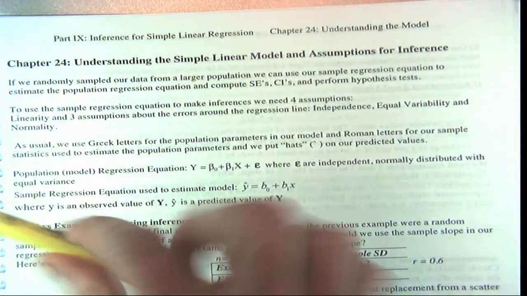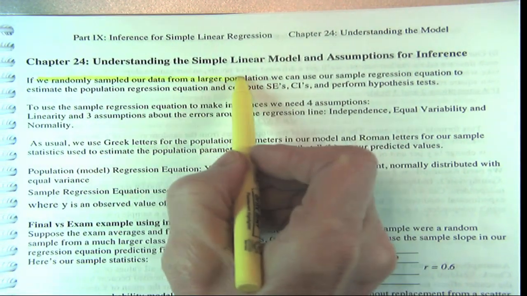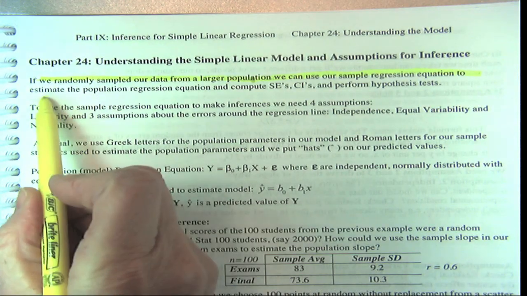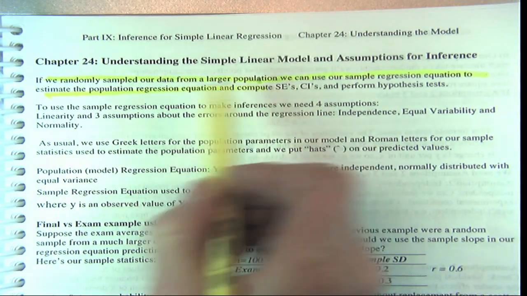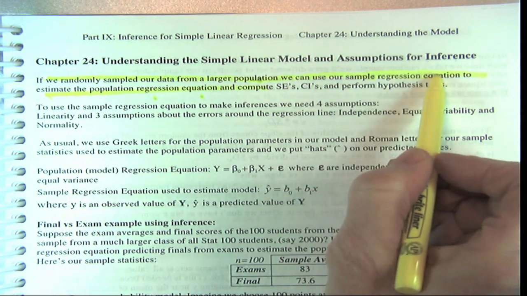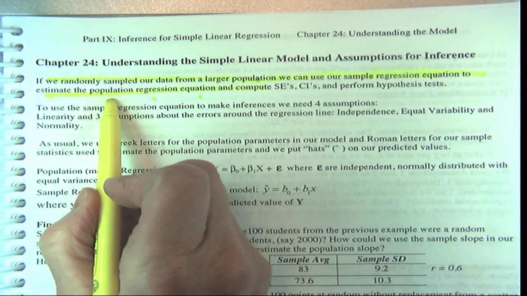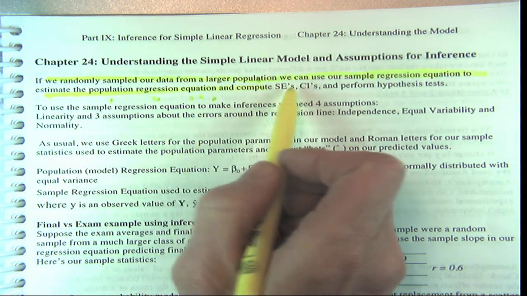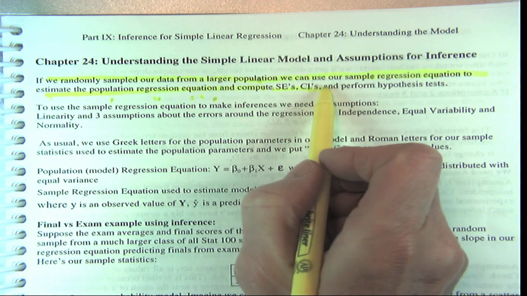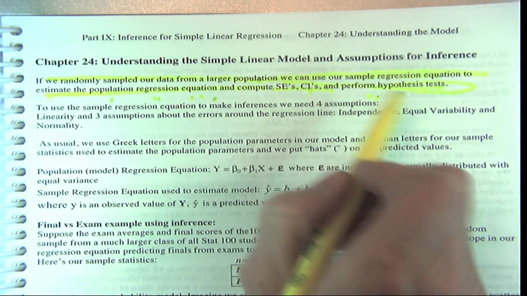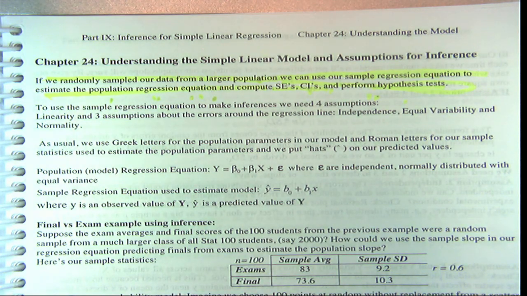If we randomly sampled our data from a larger population and we want to make an inference about the regression line for the larger population, we're going to get a sample regression equation, and we're going to use the sample to make inference about the population regression equation. And then we're going to compute standard errors, confidence intervals, and perform hypothesis tests. So that's what we'll be doing this week for simple regression.